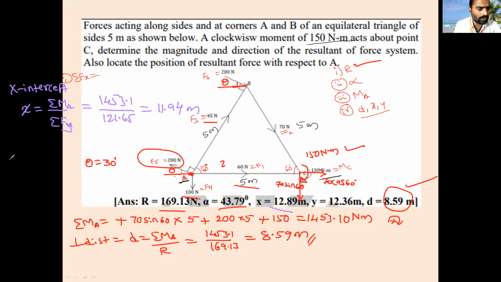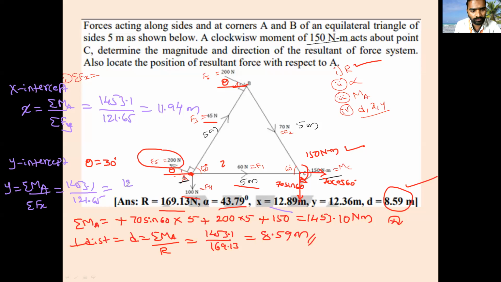Then we calculate the y-intercept. So y is equal to, what is the formula? Sigma moment about A divided by summation of Fx. 1453.1 divided by the value of Fx. Calculate how much it is.